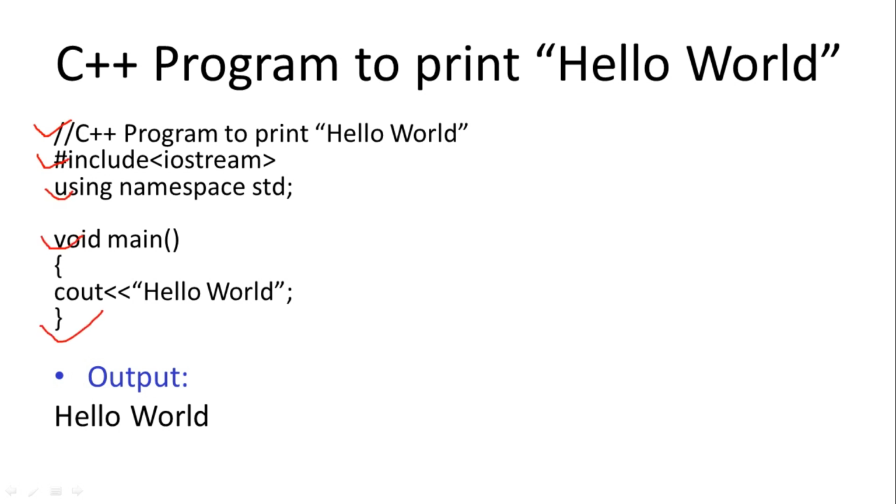The part of the program that will change is only this portion. This portion will be changed according to your aim. After running the program, you will get the output hello world for this program. So this is just about the structure of a C++ program.